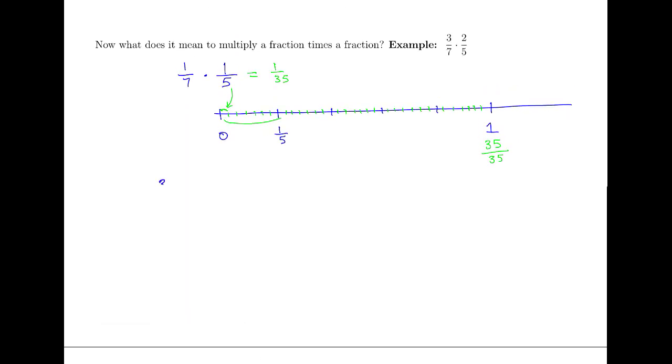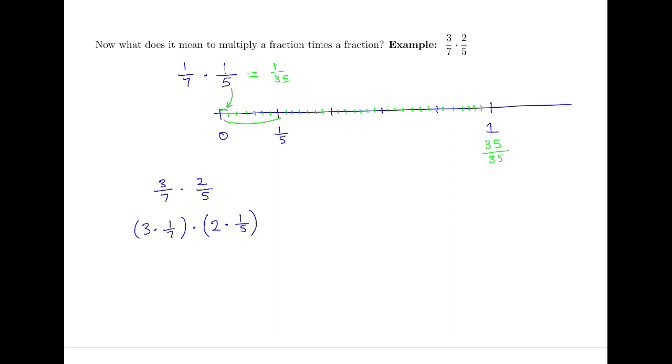So 3/7 times 2/5. Well, this is 3 copies of 1/7 times 2 copies of 1/5. And I want to use slightly different notation there. This is 3 copies of 1/7 times 2 copies of 1/5.